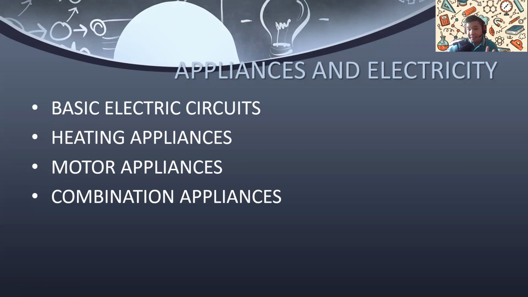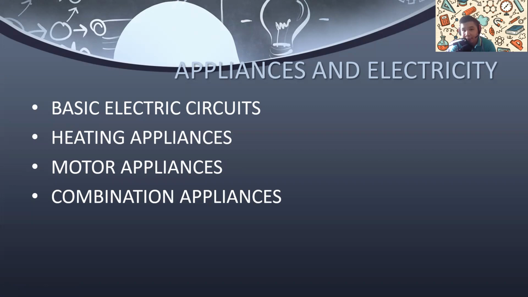Basic electrical circuits, we're going to be reviewing it just a little bit. Don't worry if you forgot it. We will talk about it during our online class. Okay? Next, heating appliances. These are appliances that give out heat. And how does electricity give out heat?